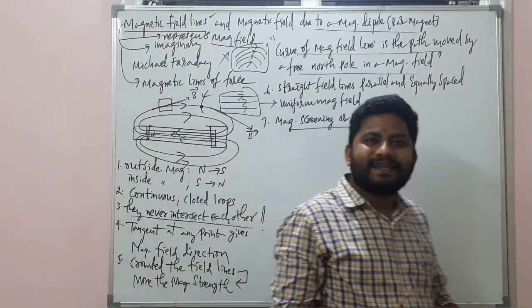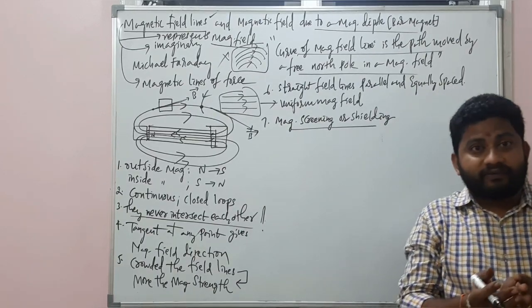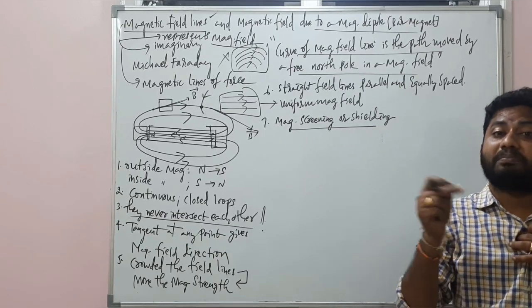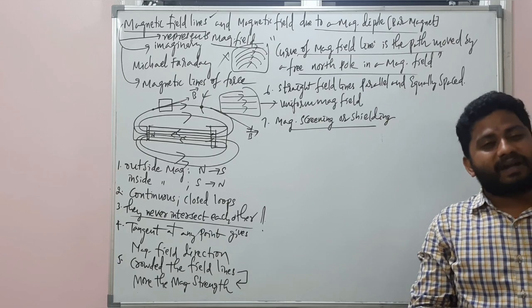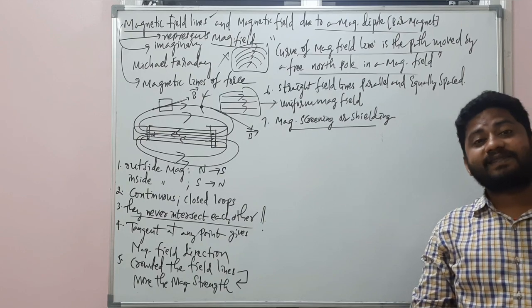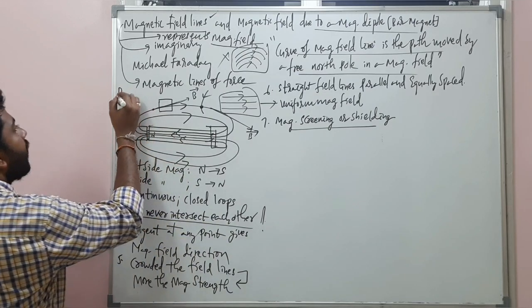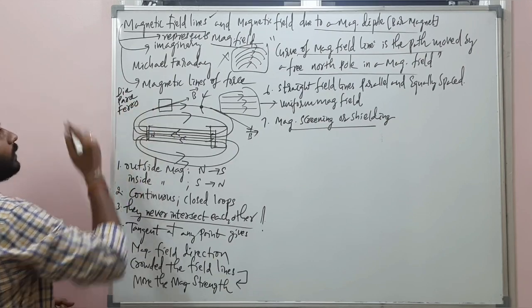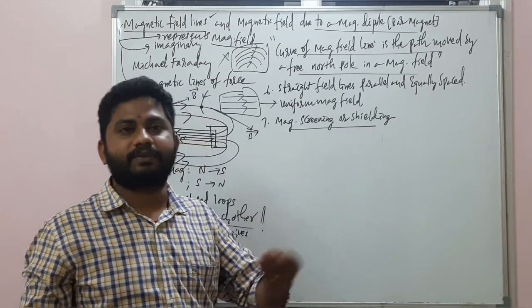Generally, the substances around us are classified according to their magnetic behavior into three types: diamagnetic substances, paramagnetic substances, and ferromagnetic substances. I'm writing here dia, para, and ferro. According to the time available, we will be discussing these different types of magnetic substances also.